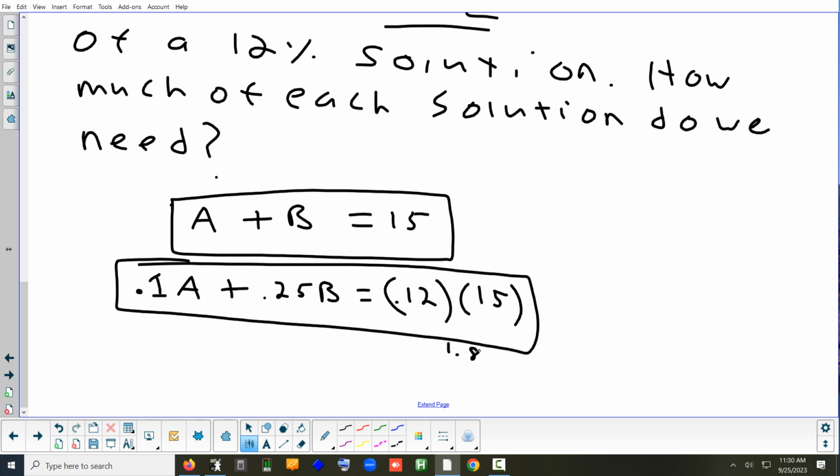I would use substitution because we almost have A or B by itself. A or B is almost by itself in which equation, 1 or 2? Number one. I think in the first equation it's easier to isolate a variable. What variable do we want to isolate?